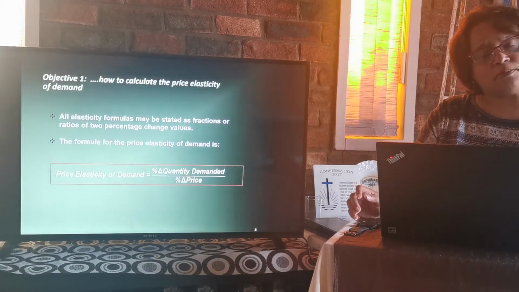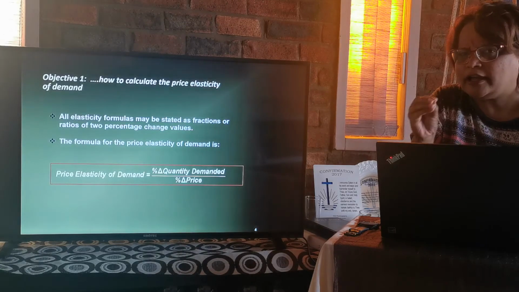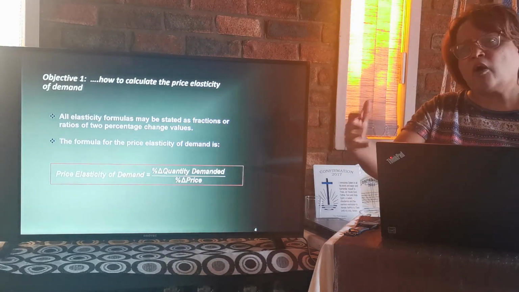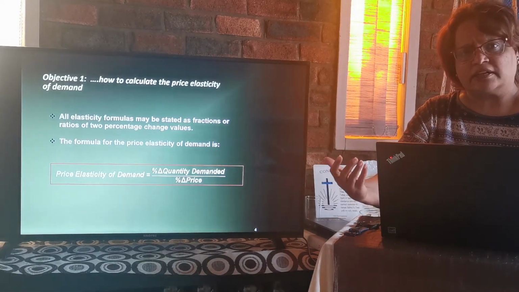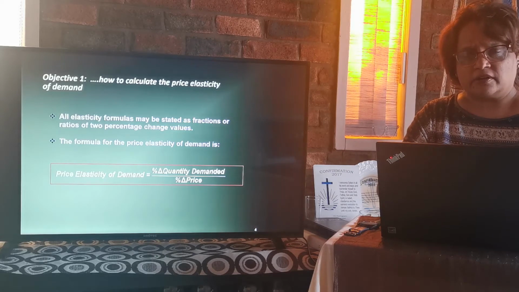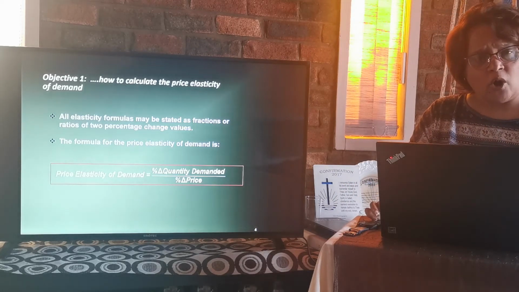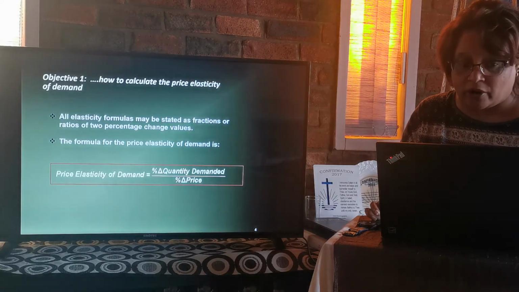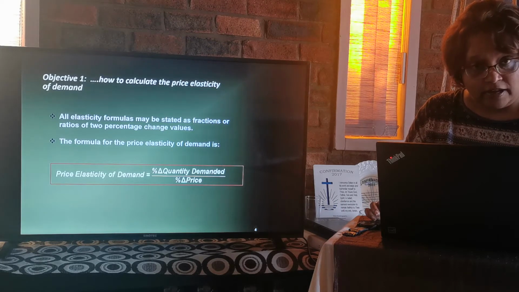So now the second objective is how to calculate this. How do we calculate this in economics? If the economist comes to say that there was a 10% increase in price, how did it affect the demand? We need a calculation. All elasticity formulas may be stated as fractions or ratios of two percentage change values.